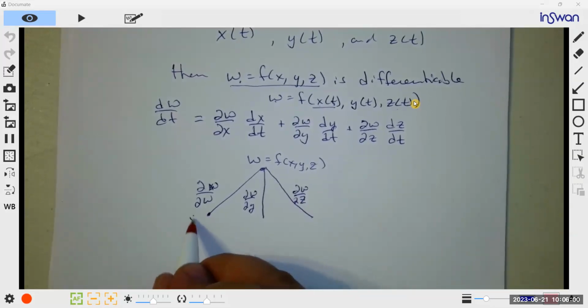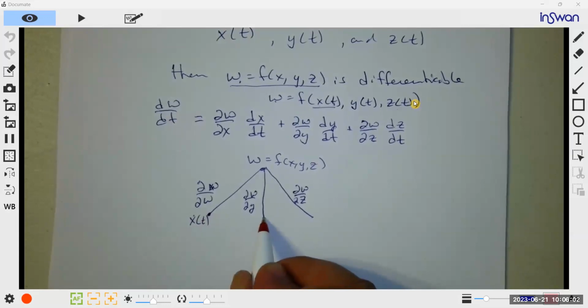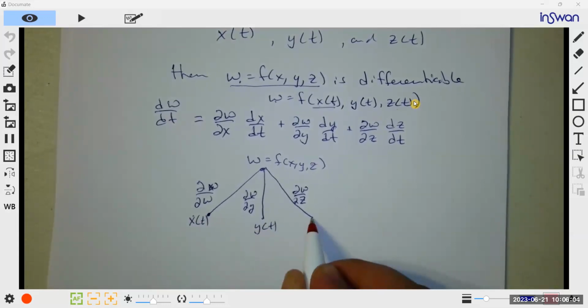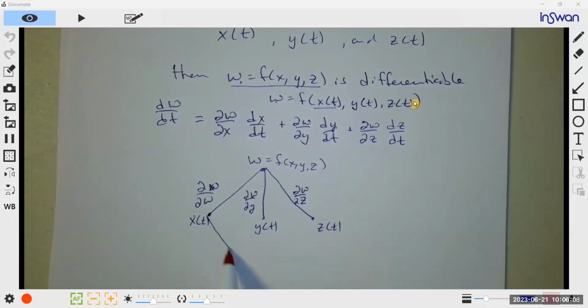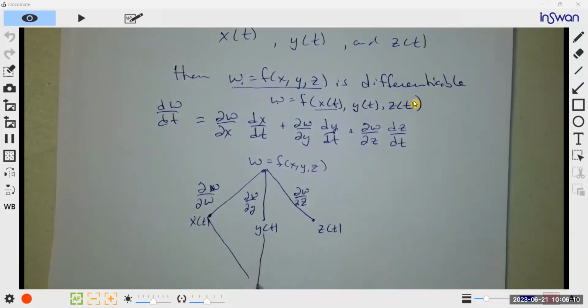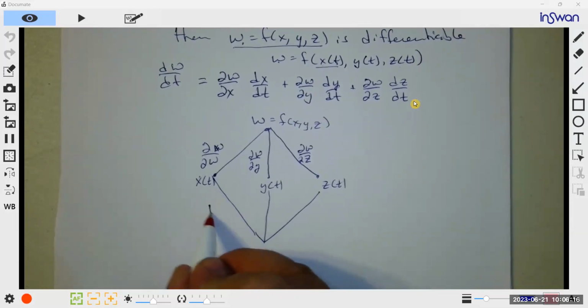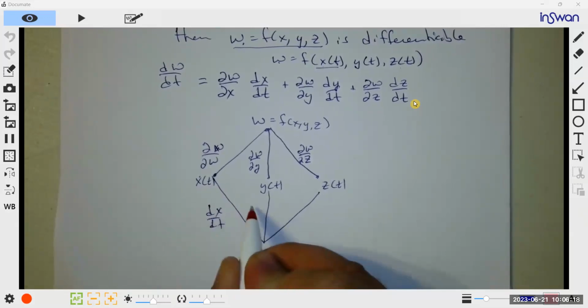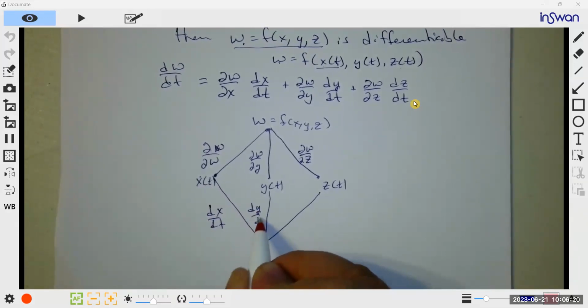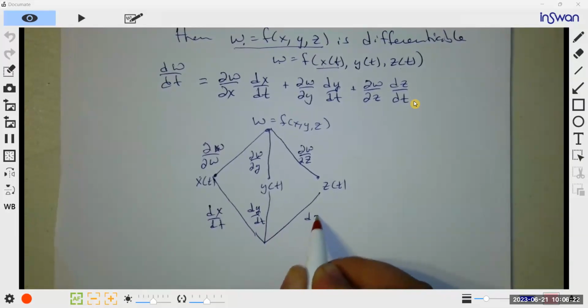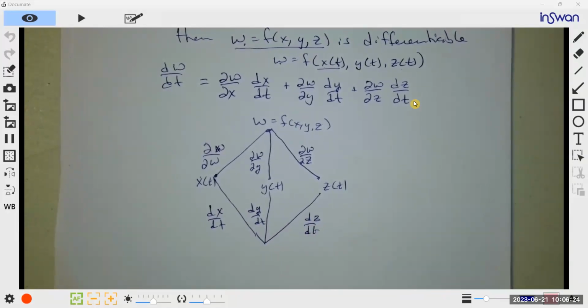So this gives us x of t. This gives us y of t. And this gives us z of t. Then take the other half. This is the derivative of x with respect to t, the derivative of y with respect to t, and the derivative of z with respect to t.